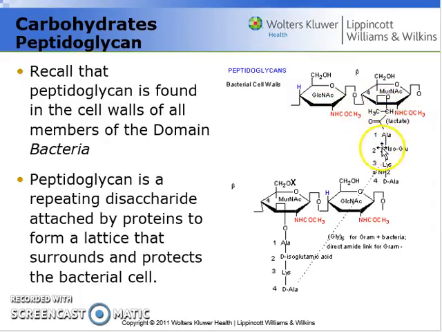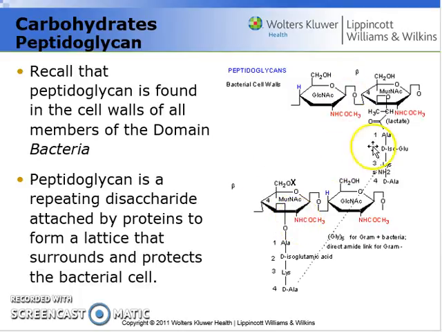Okay, so alanine, lysine, D-alanine, they link this disaccharide to this disaccharide, like we've talked about. And through that linking, if you have multiple of these structures all joined together, you end up with a very large, thick layered chain.